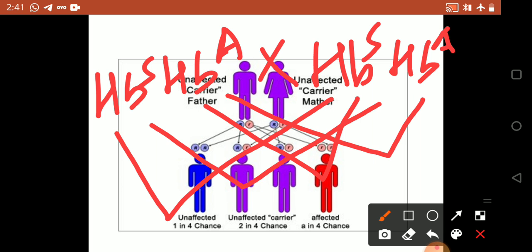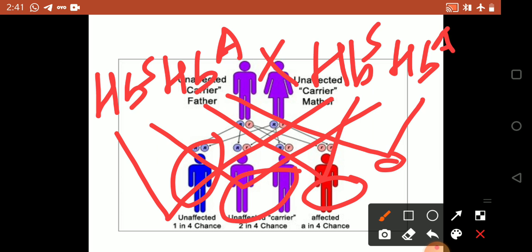So four combinations take place. HbS with HbS is the person who is affected. HbS with HbA, HbS with HbA are unaffected but carriers. HbA with HbA is denoted in blue because he will be unaffected.